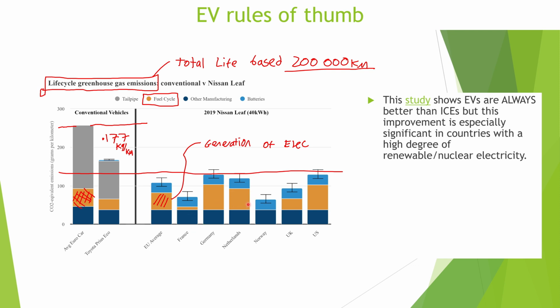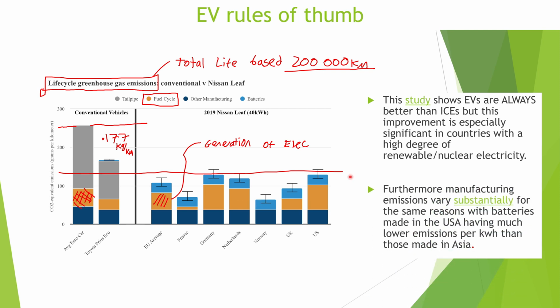If you drive your EV in Norway, you'll basically have zero user emissions, but of course, you'll still have all the embedded emissions from manufacturing the vehicle in the first place. What is interesting is that the manufacturing emissions for the batteries, that's that light blue point, will vary substantially for the same reasons. So in this chart, all the batteries are the same because it's comparing the same vehicle.